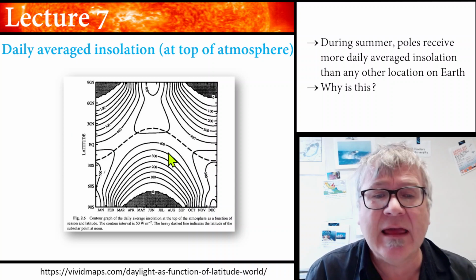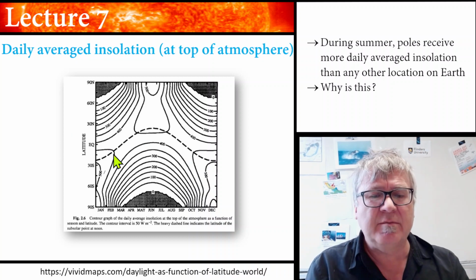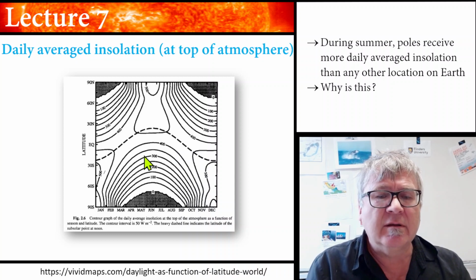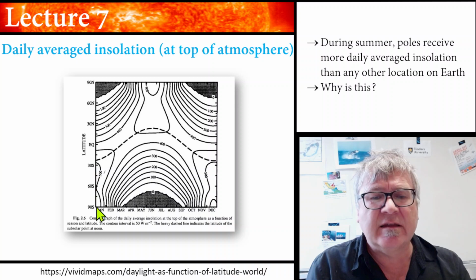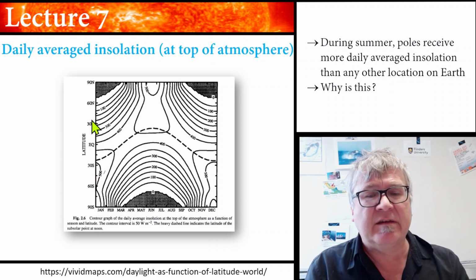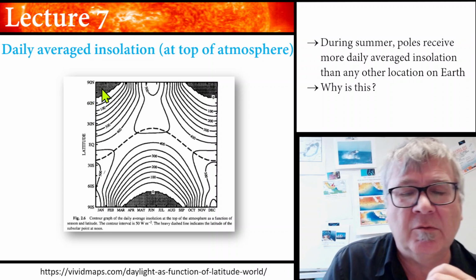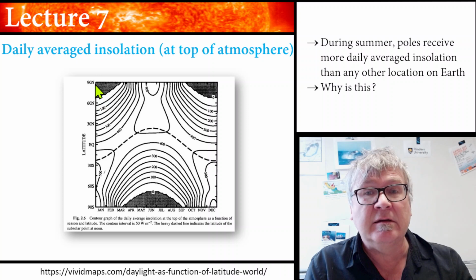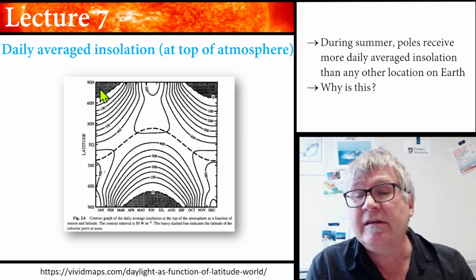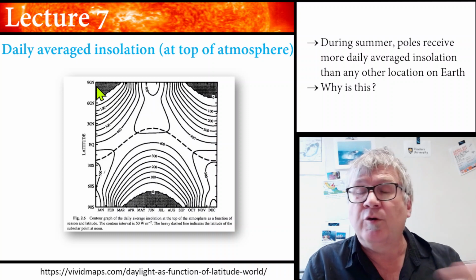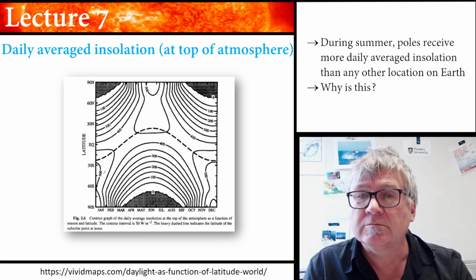Let's have a look at higher latitudes. Let's go into the southern hemisphere. Maybe the northern hemisphere is more clear to point out what's happening. Let's have a look at 90 degrees north, the North Pole. During winter, 0.